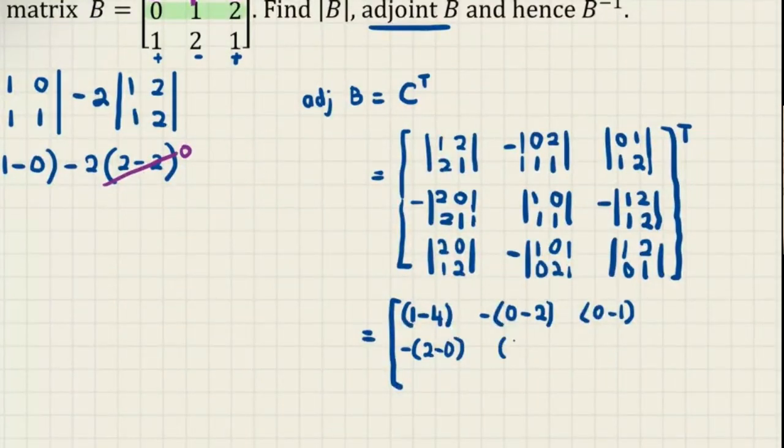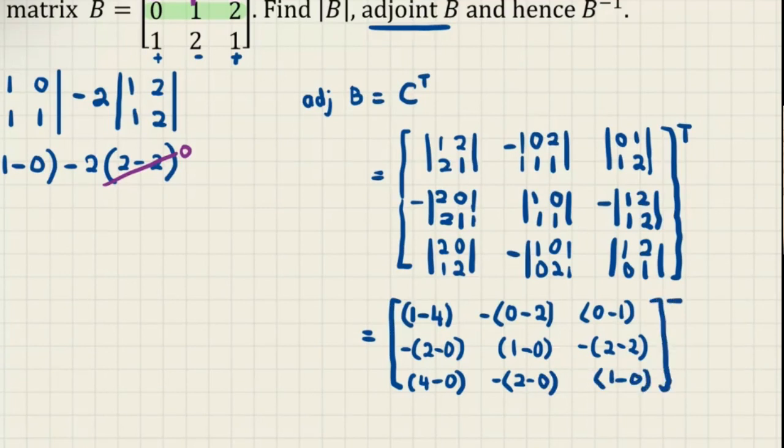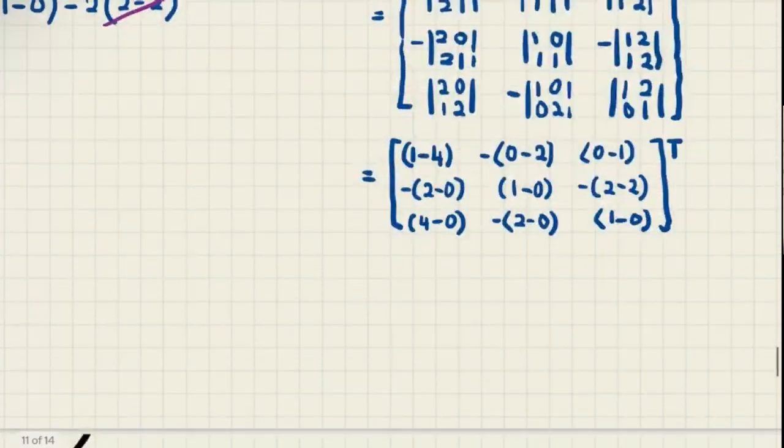And then 1 minus 0. And then negative of 2 minus 2. And then bawah ni kita ada 4 minus 0. Negative of 2 minus 0. And positive of 1 minus 0.